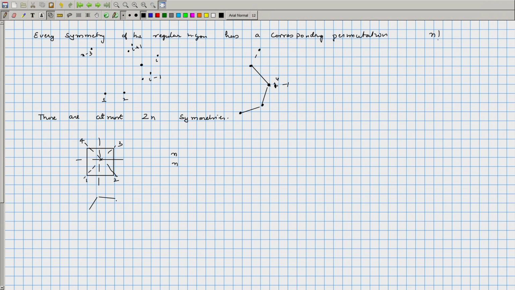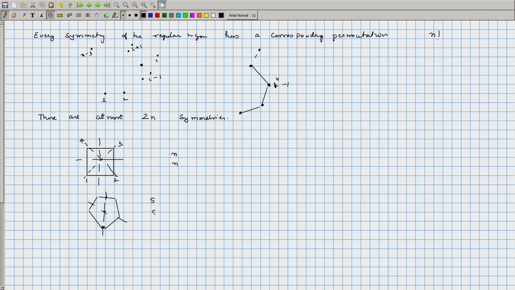If this was a pentagon, okay, 5 rotations, and then you can flip about each of the vertices. Okay. And when you join the vertex to the center, it is going to pass through the midpoint of the opposite side. Okay.